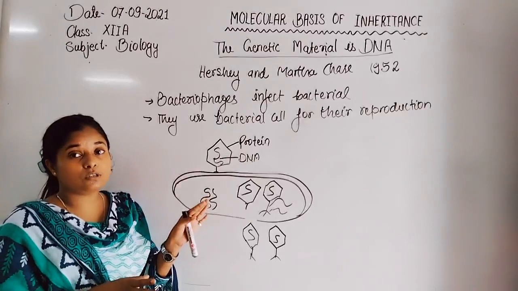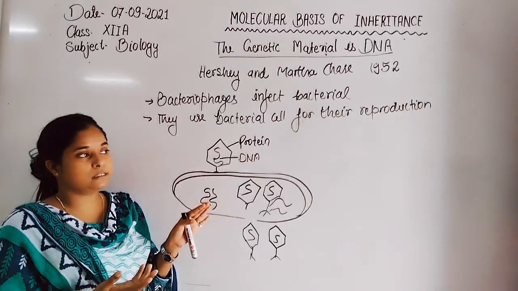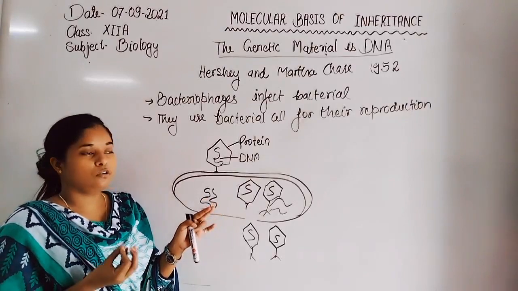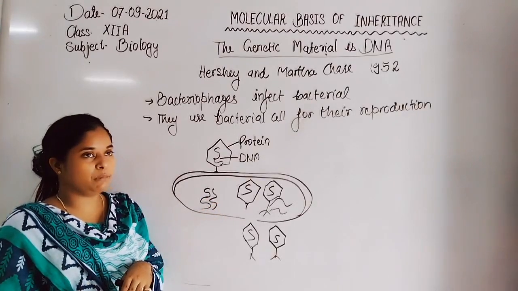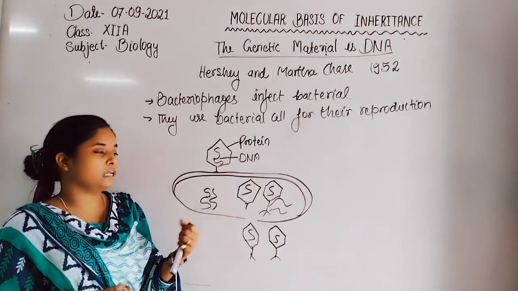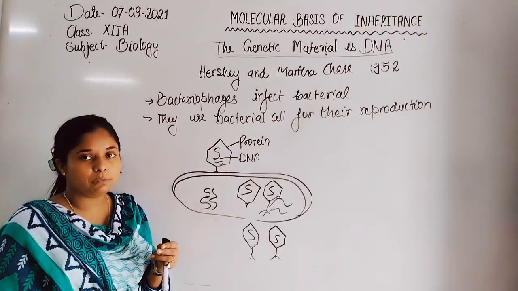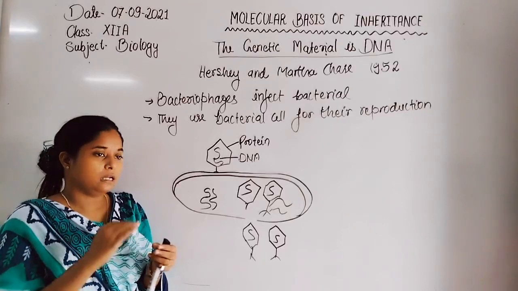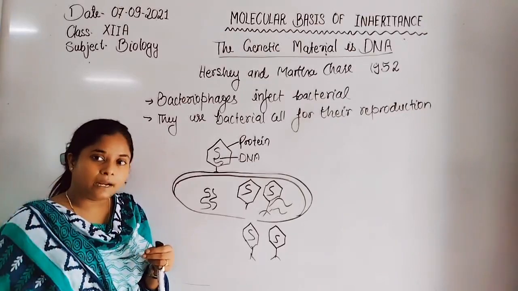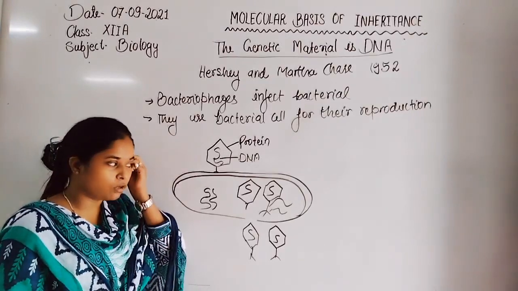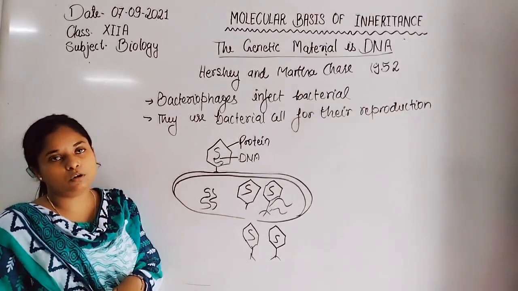There are no cell organelles present that synthesize protein or enzymes, and no enzymes are present which replicate the DNA. So they use either a bacterial cell for the replication of their genetic material, or a plant or animal cell for their reproduction. That's why they infect bacteria, plants or animals.